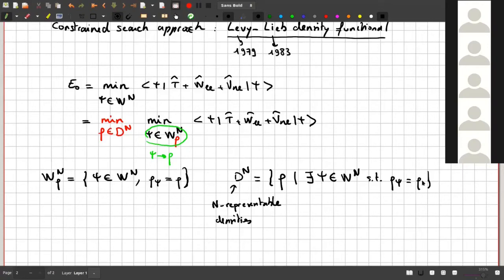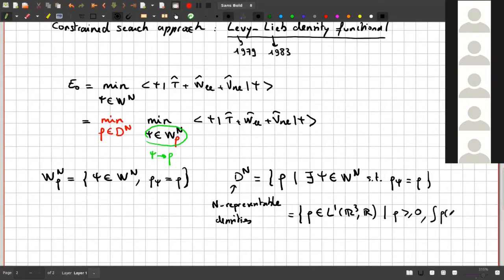And it turns out that mathematicians have found more explicitly what this set is. I will give it to you here. This is the set of rho belonging to L1 of R3 to R. So this is the set of functions that you can integrate, so that the density must be greater than 0, of course.